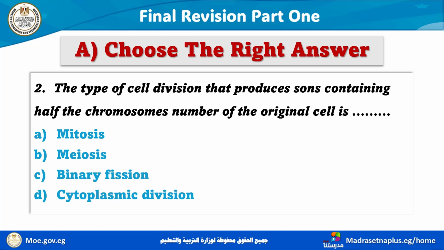And our right answer is the meiosis cell division. In meiosis, the parent cell produces 4 daughter cells with the haploid number equals n, which is half the number of chromosomes of the original cell.